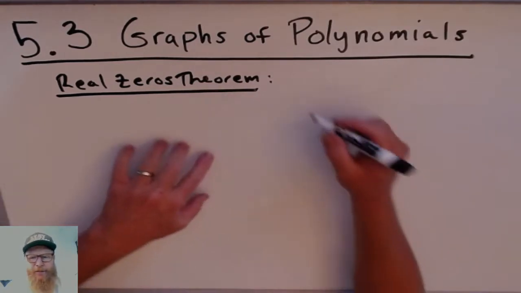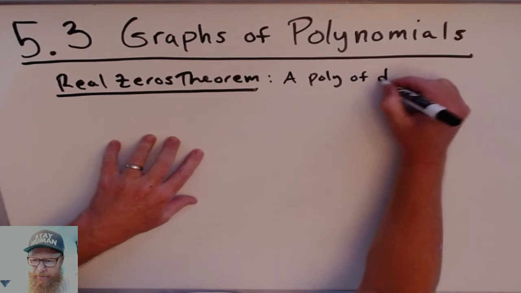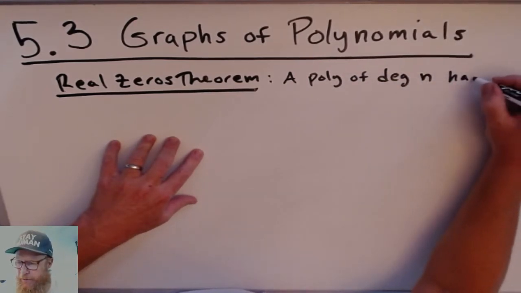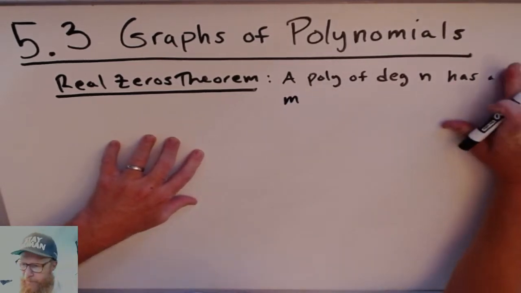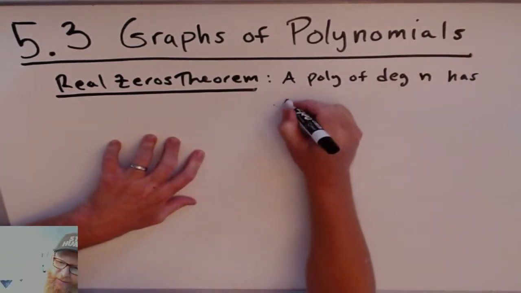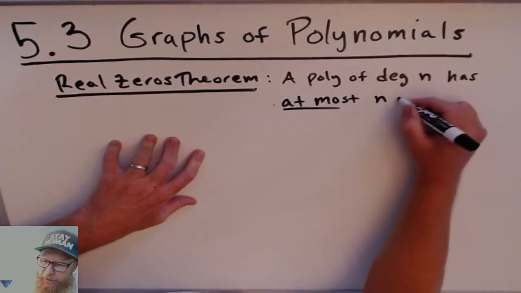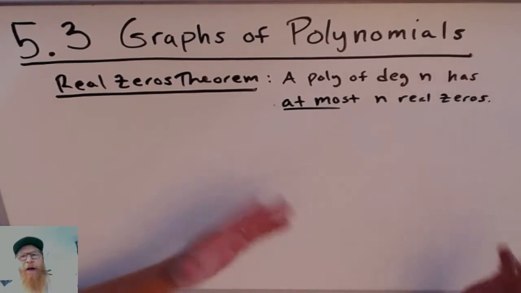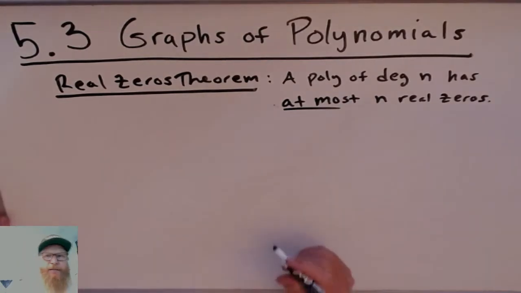The real zeros theorem says that a polynomial of degree n has at most n real zeros. When we do the graph, the real zeros will be the x-intercepts where it crosses the x-axis.